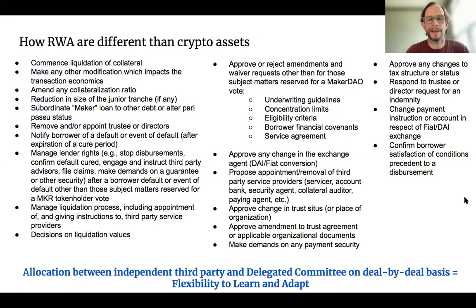This is just a small sample of the types of issues that will come up in the life cycle of a loan, depending on the structure and the asset, whether that's a 3-month loan, which will probably have fewer, a 5-year loan, which will have more, or a 20-year loan, which has all sorts of issues. So real world assets are going to be very different from crypto. Next slide, Will.